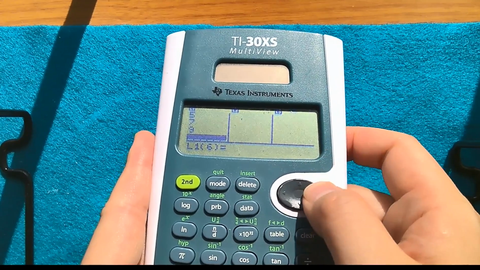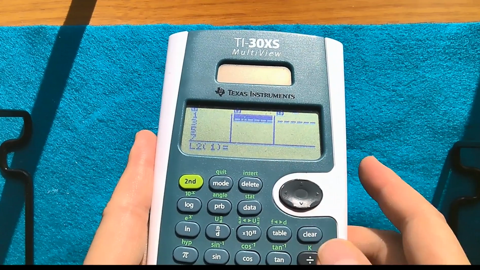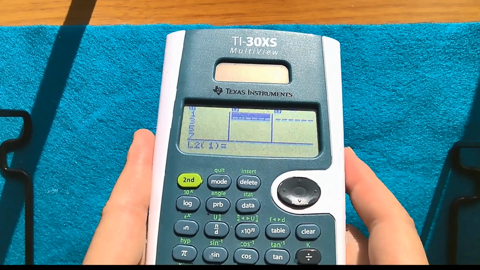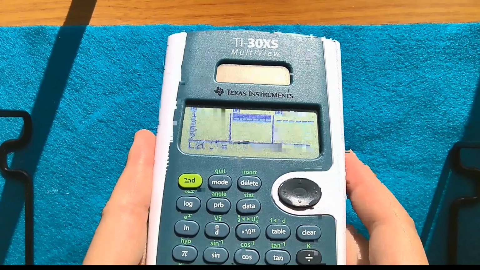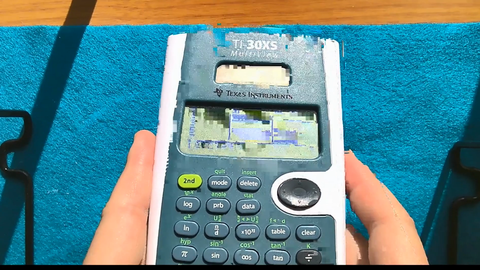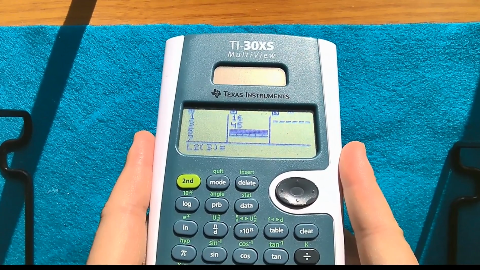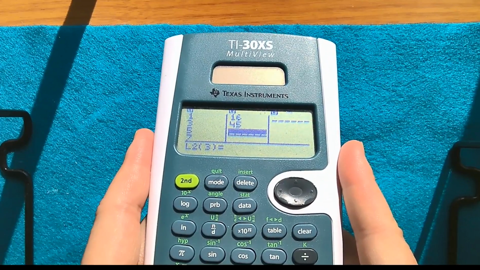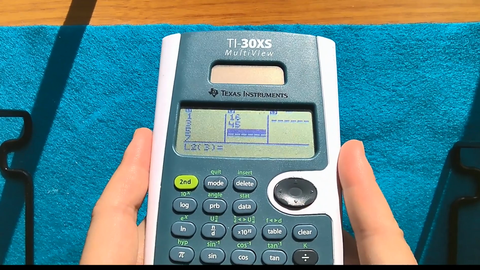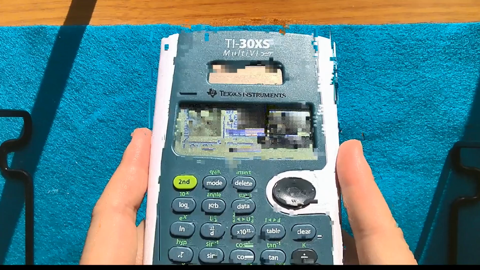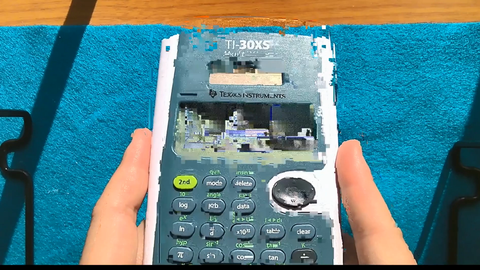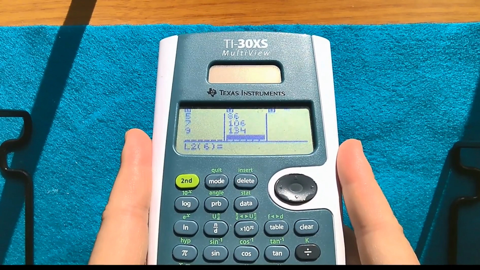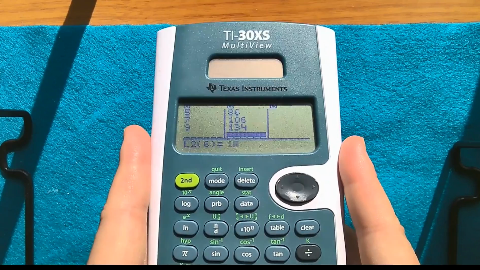And then for the second column, enter the y values. So they are 16, 45, 86, 106, 134, 164.